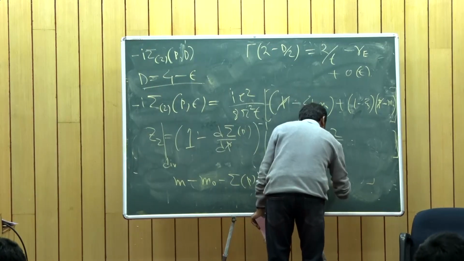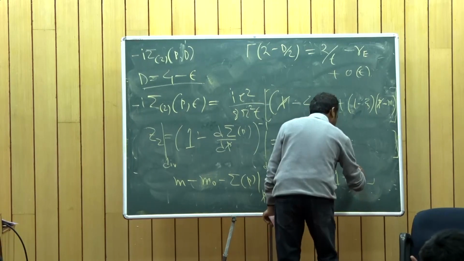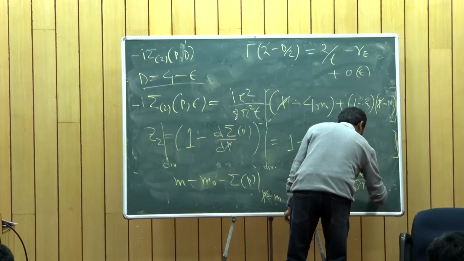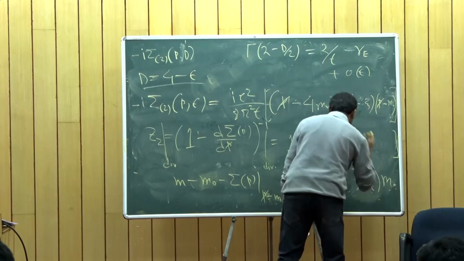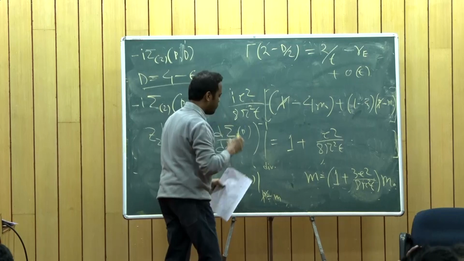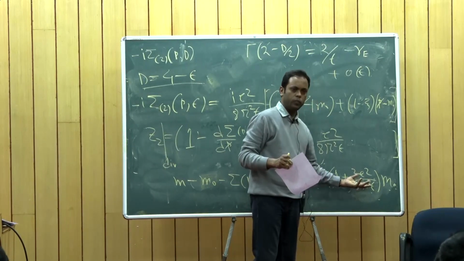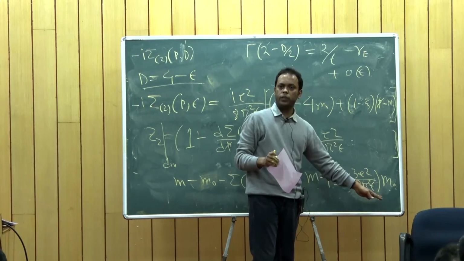I think you will get something like 1 plus 3 e squared by 8 pi squared epsilon times m naught. So you see, the physical mass will be infinity if you take the limit epsilon tends to 0.